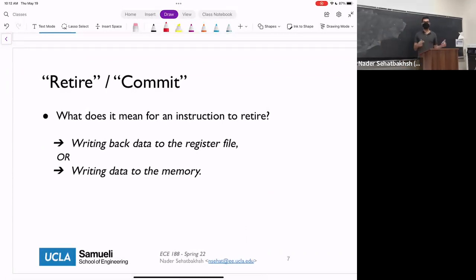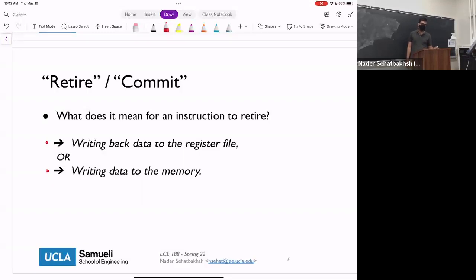Some people call it commit, some people call it retire, which means that in order to make the impact of this instruction forever permanent, basically two things might happen. Either we update our register file, or we write the results back to memory. If we do either of these two, we are permanently making an impact from the instruction.